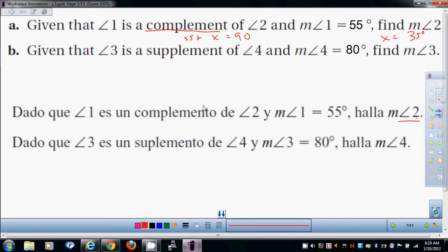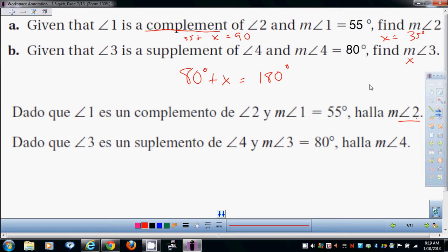No, they both mean add. Complement means 90 degrees. Supplement means 180 degrees. So now that you know that, you want to tackle the second one? What plus 80 equals 180? I'll set it up for you. Supplement, which means you're going to take the two angles you have. We're going to call this x again. And supplement means they add to 180.